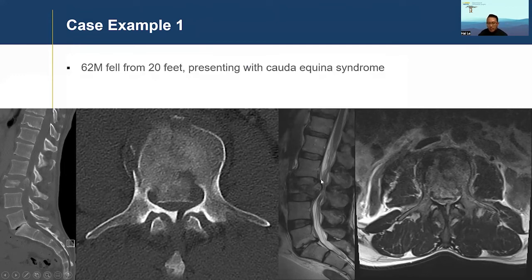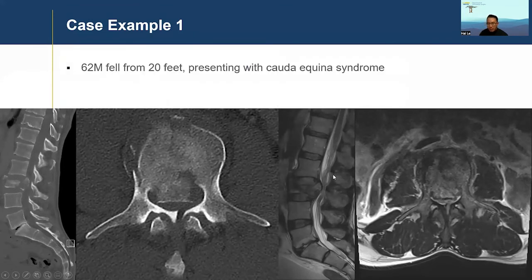And on the MRI scan, you can also see, again, this compression of the anterior column and middle column. Here, the cauda equina is really compressed. Okay, as you can see here, here's the cauda equina here. Here's the bony fragment here. You can see a little bit of a laminar split or a fracture here.